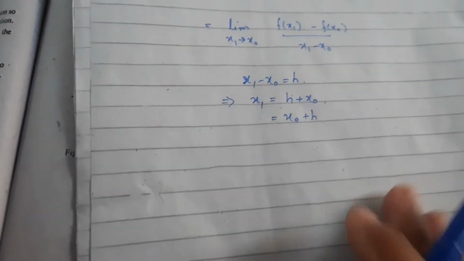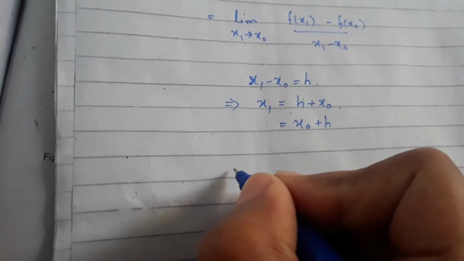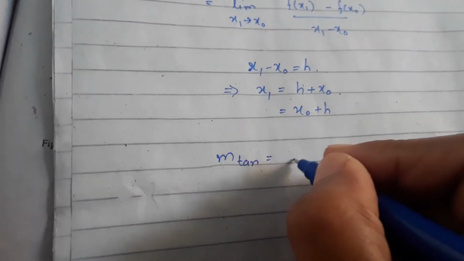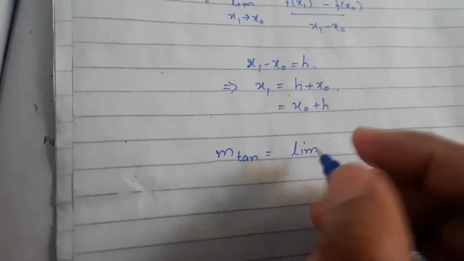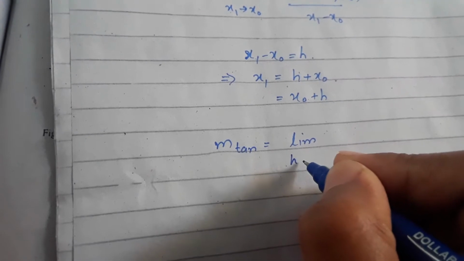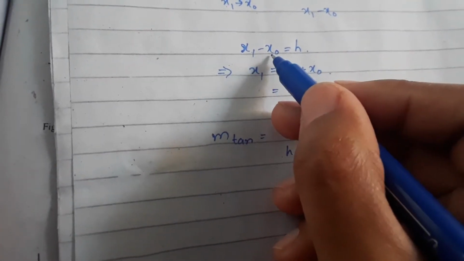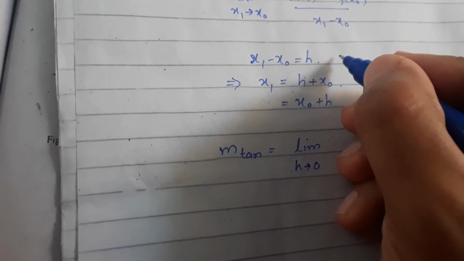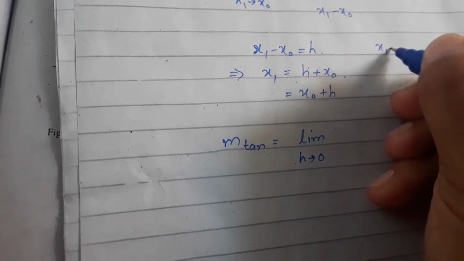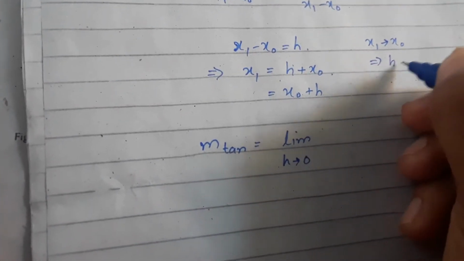So what do we get? We get slope of the tangent equals limit h tends to 0. You can see if x1 approaches x0, then h approaches 0.